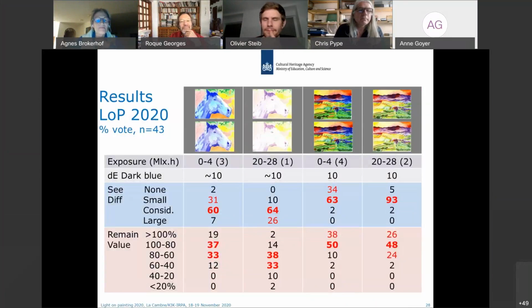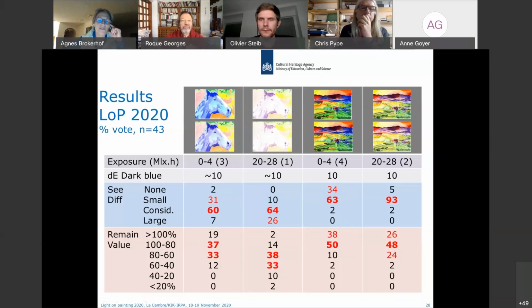You saw in the first stages of fading, the first 4 megalux hours, a considerable, maybe small change. And as we go further along the series, the change obviously is seen as larger. In terms of losing value, in the first steps it's a fair loss, but it definitely becomes bigger towards the end.